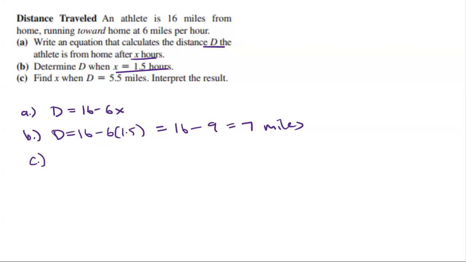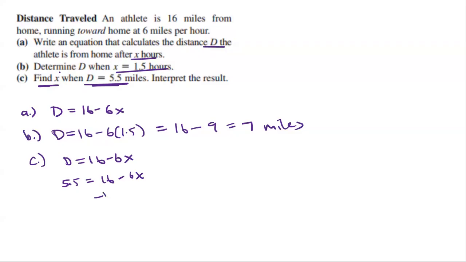So in this case, we're going to put 5.5 miles for d instead of x. So again, we have d is equal to 16 minus 6x. They tell us, hey, find x when d is 5.5. So that means I'm going to plug in 5.5 for d, and then solve for x. You with me? Okay.